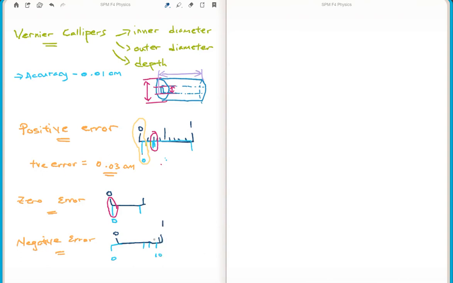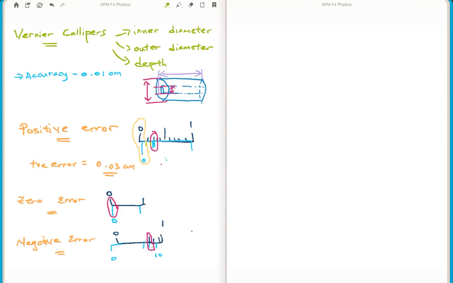Let's say 1, 2, maybe here, the third one, the major scale coincides with the first one over the right hand side, meaning here to here. So see, this is where they coincide. If that's the case, how many are there over the right hand side? There are 2, right?